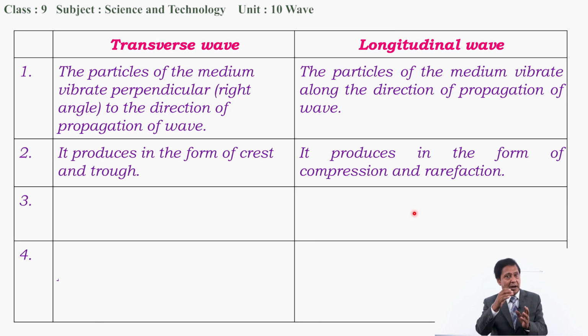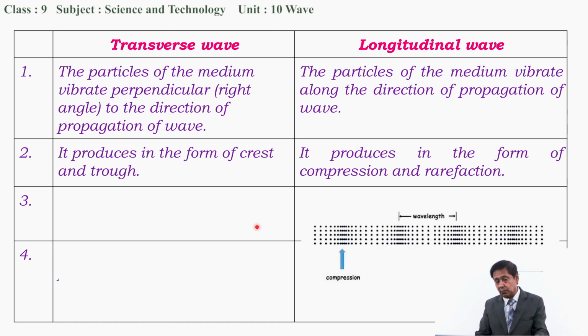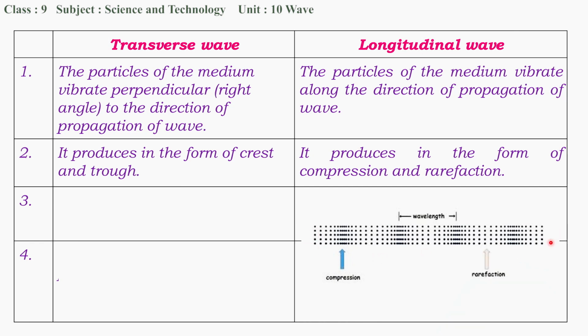And a sound wave travels from one place to another in the form of compression and rarefaction. Looking at this diagram, we can understand easily. When a sound wave travels from one end to the other end, it forms in the form of compression and rarefaction.